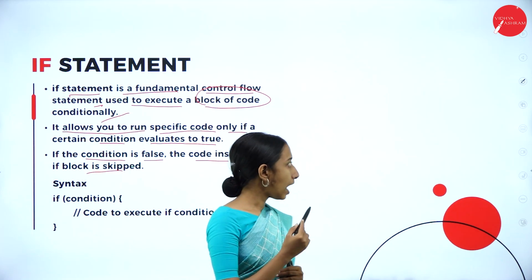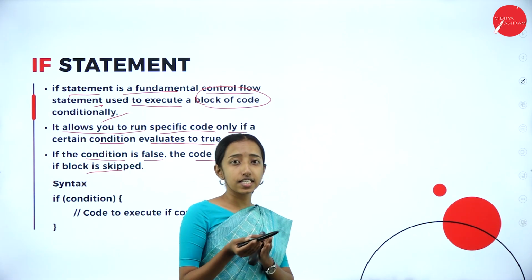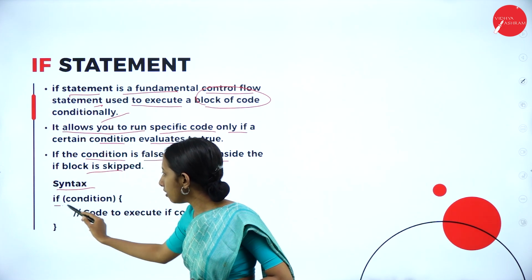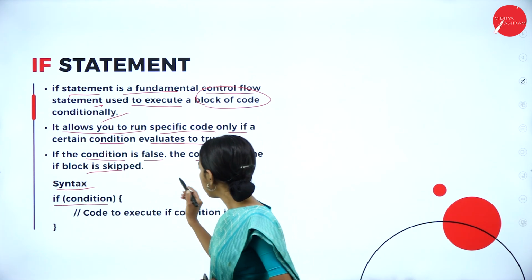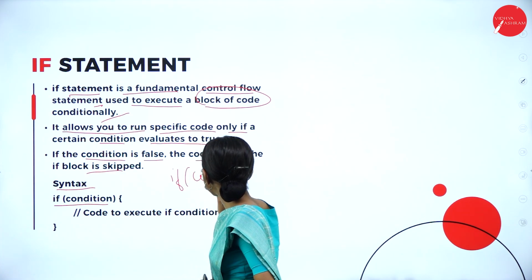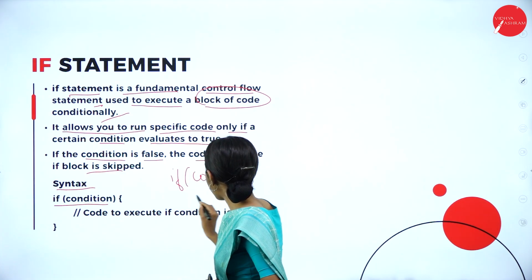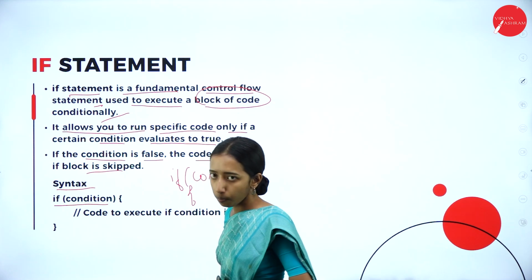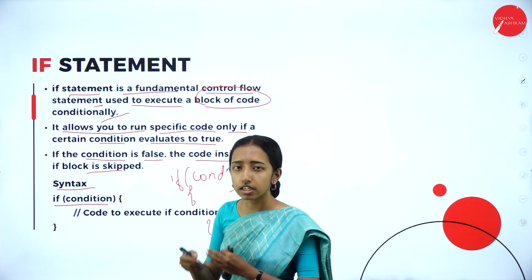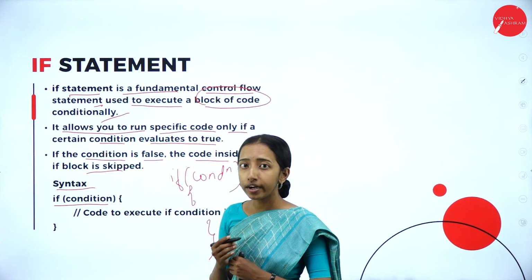First let us see the syntax. Here we have the syntax: if and condition. And the curly bracket will open, and here is the body of the if statement. How does it work?